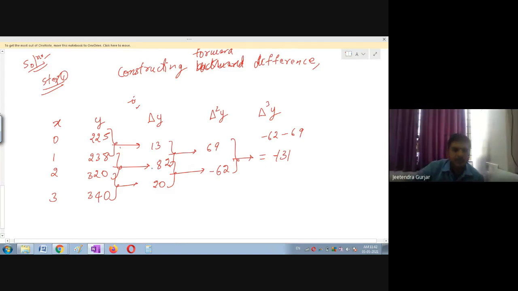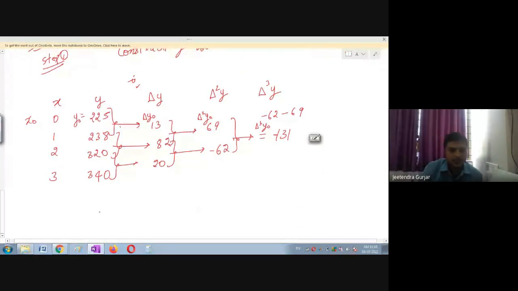Again you remember x naught, this is y naught, right? This is delta y naught, this is delta square y naught, and this is delta cube y naught. In the difference table we will be taking these values. Now please simplify step 2.